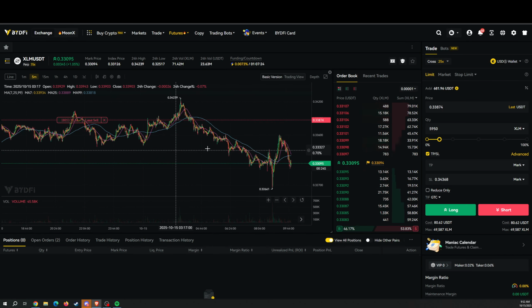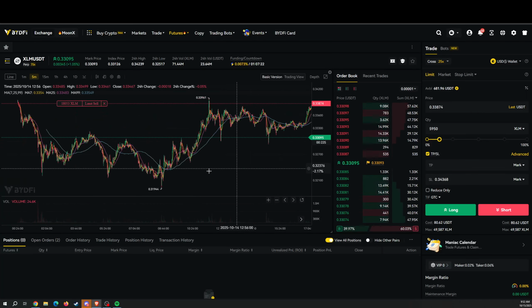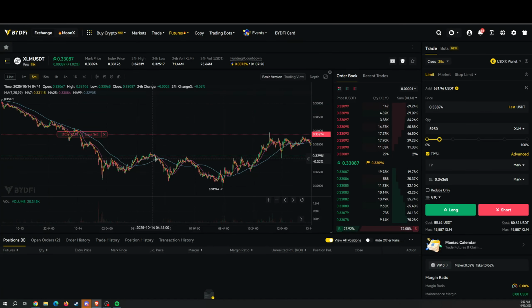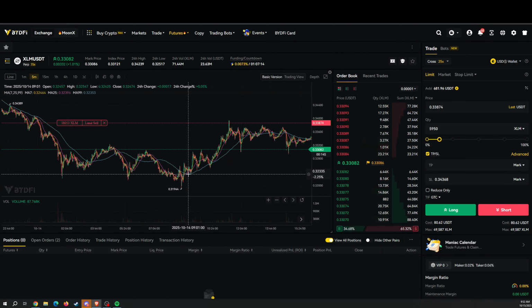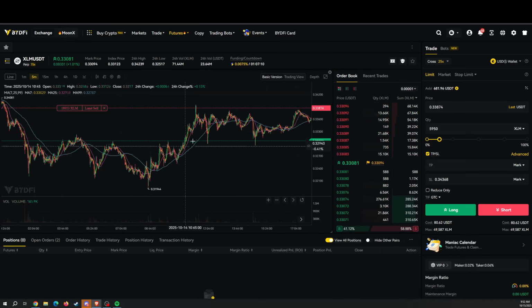Well, other than this, the way that you can use these lines is, when sideways price action's happening, you're not going to get a clear signal. So just get used to that not happening. But once things break clearly above this slow line, usually it's going to hold above it for a while. And you could have taken this trade, and then as soon as things started breaking down here, you could have just gotten out.